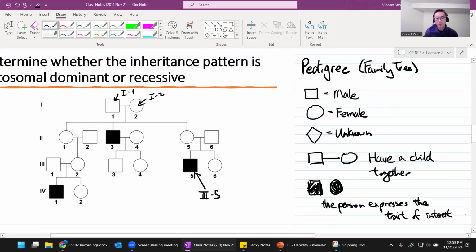Whatever trait you are studying in the family tree, if the person has it, then we shade them. It could be like, who has blue eyes? Everybody who has blue eyes gets shaded. It could be a disease we're trying to track, right? Who has sickle cell anemia? Everybody who does will get shaded. Okay.